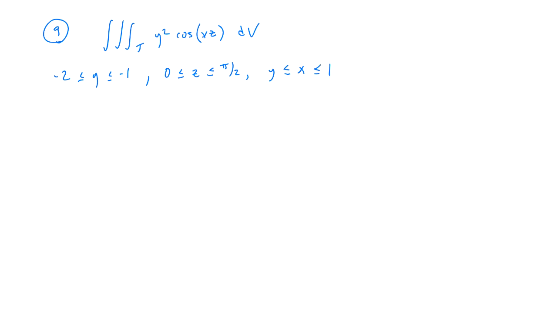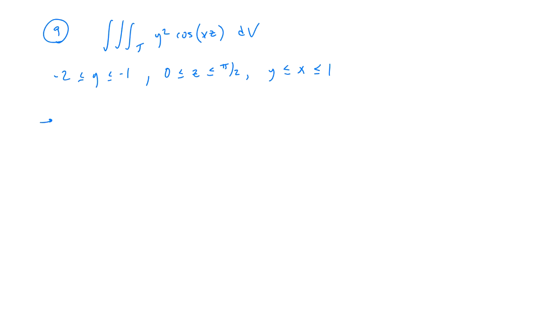So as I said, they pretty much give you the limits. y goes from -2 to -1, z goes from 0 to pi over 2, and x goes from y to 1.